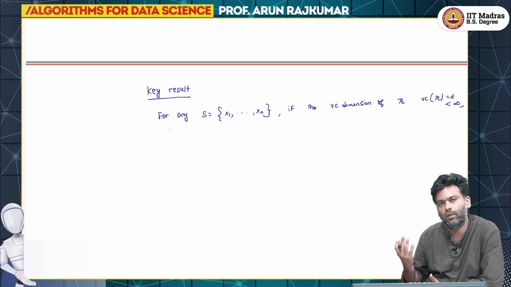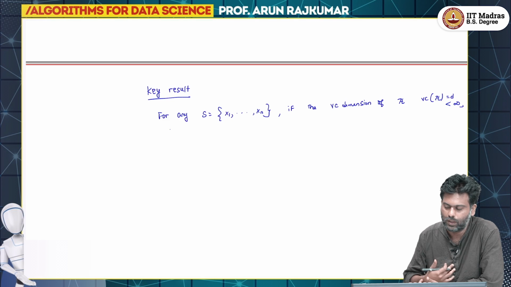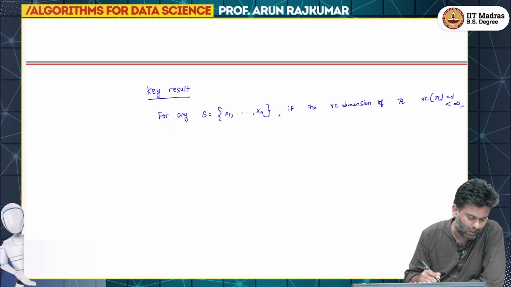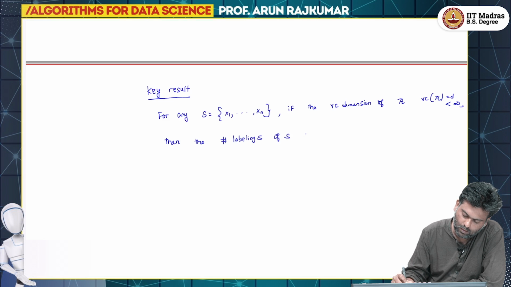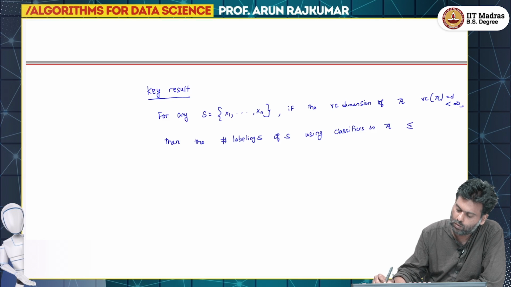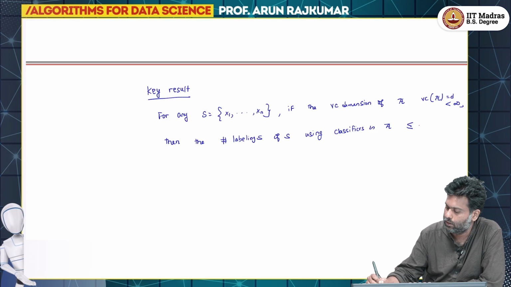We saw that for the set of all possible classifiers, VC dimension is infinity. Let us say this is not that case, this is some interesting class. Then the number of labelings of S using classifiers in H is at most, and this is the interesting part, n power d.